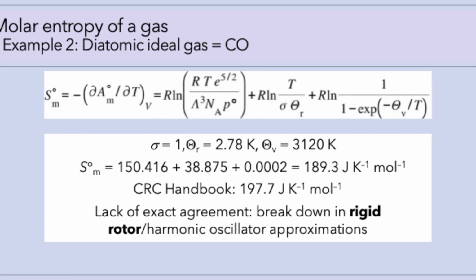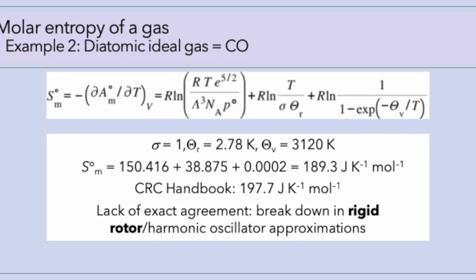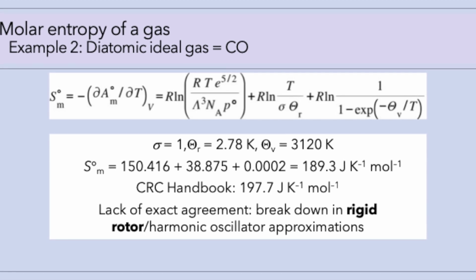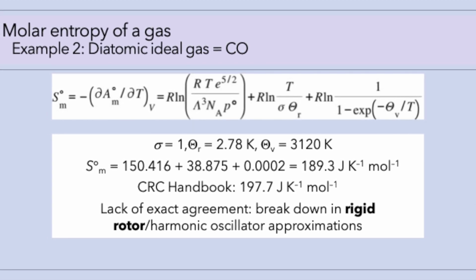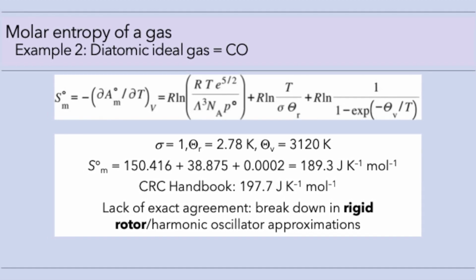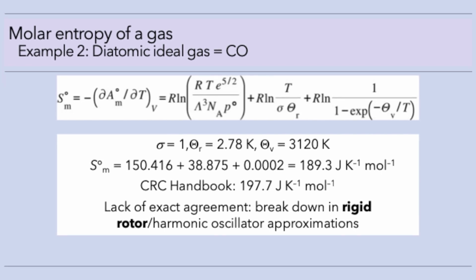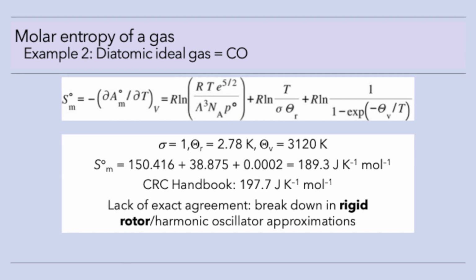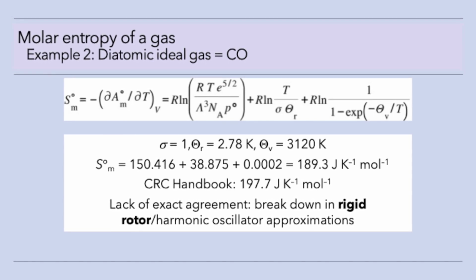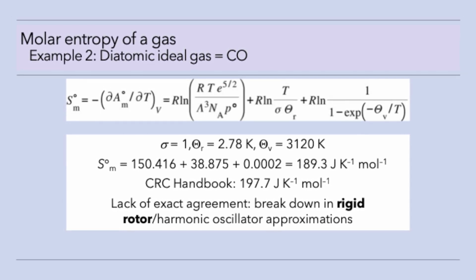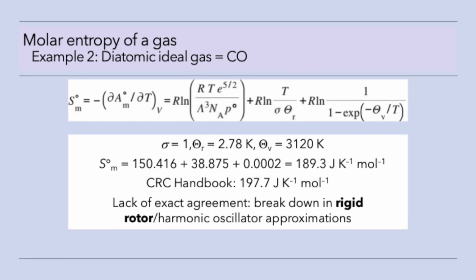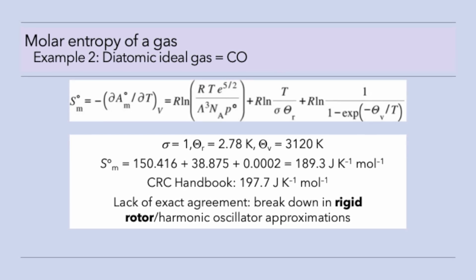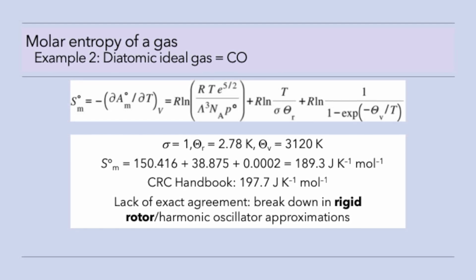The assumption that's really affecting things is that we've taken CO as a rigid rotor. A real rotor would have more states available to it than the rigid rotor does. And to get that last 4% even better, we'd need a better description of rotations. But we're doing pretty well, within 4% with the rigid rotor molecule.